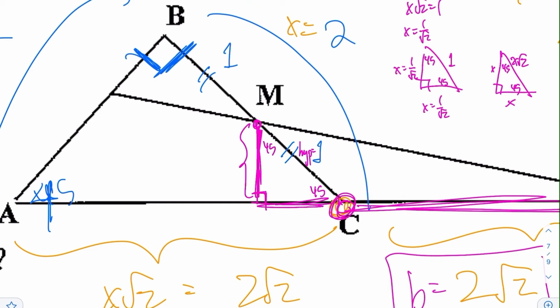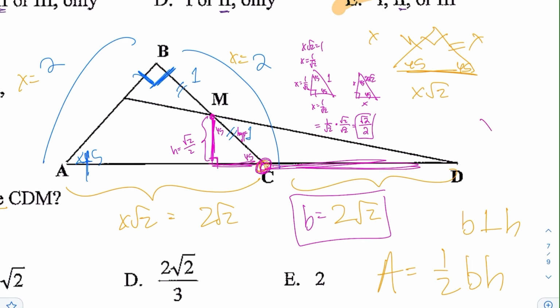And we can solve for this by rationalizing the denominator. When you have 1 over root 2, you can multiply by this form of 1, called root 2 over root 2, to rationalize the denominator so that the denominator becomes just root 2 times root 2, which is just 2, and the numerator is root 2. So this would be root 2 over 2 as the height.